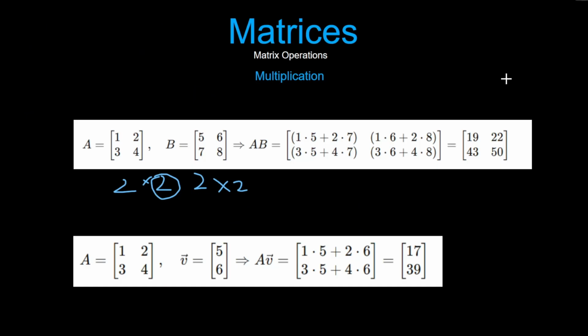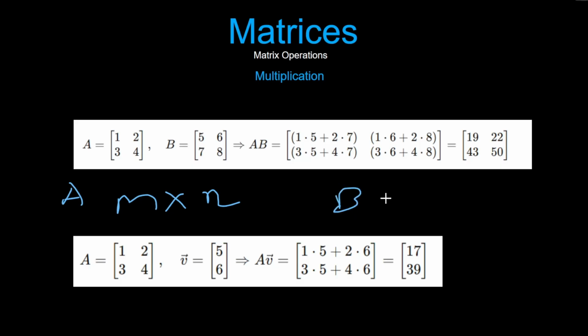So in general, let's say we have matrix A of the shape m times n, and we have matrix B which has the shape n times o. So the resultant matrix will have m times o shape.